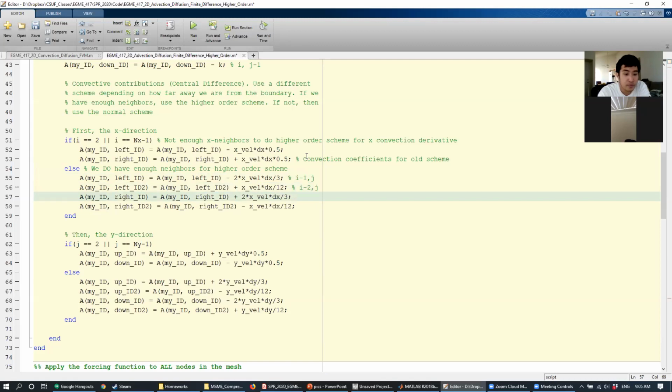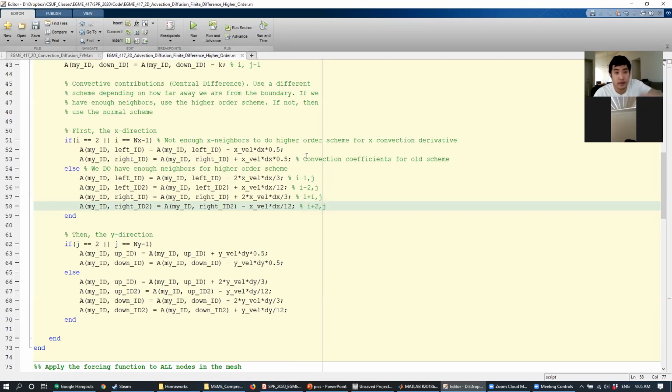Next, we have a at my ID comma right ID. So this is I plus 1 comma j. You can see from the equation that is a positive 2/3 u times dx. And then finally, we have a at my ID right ID 2. So this is I plus 2 comma j. And the coefficient of that from the equation is u times dx divided by 12.